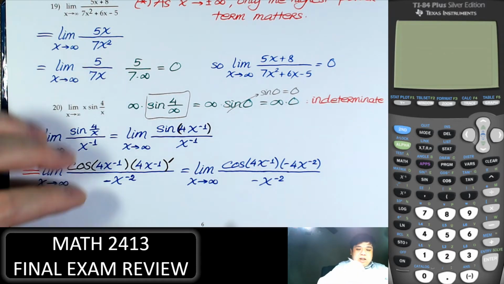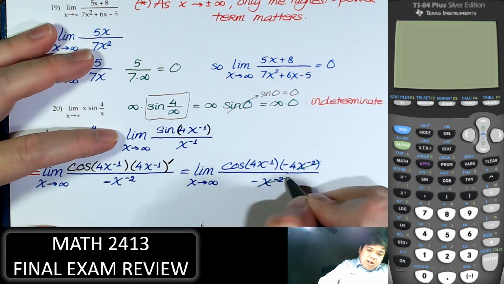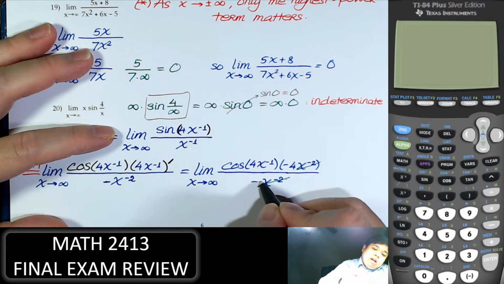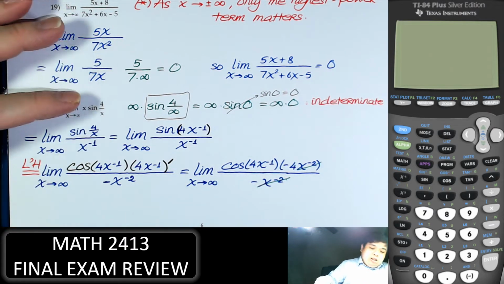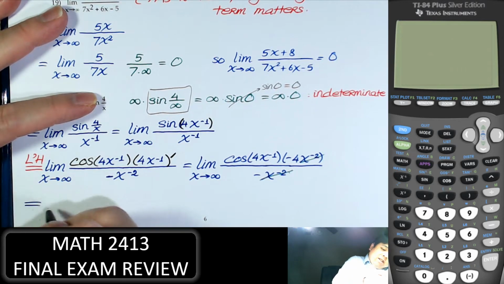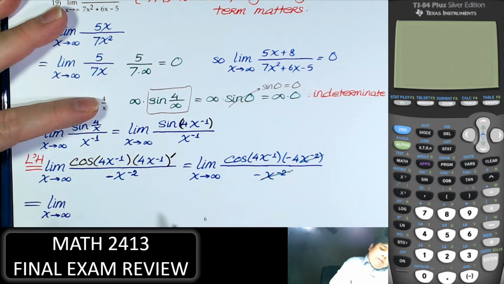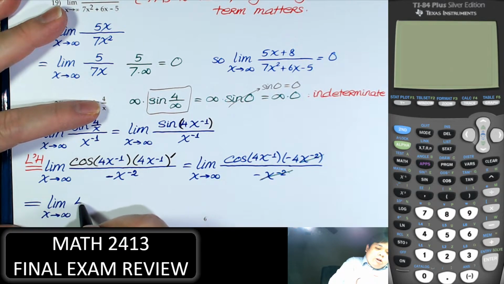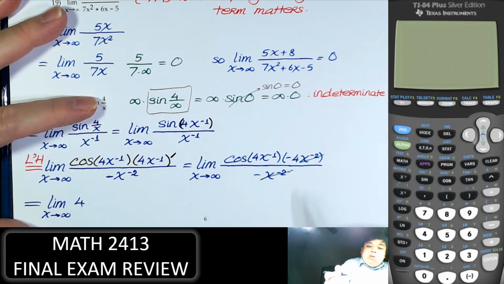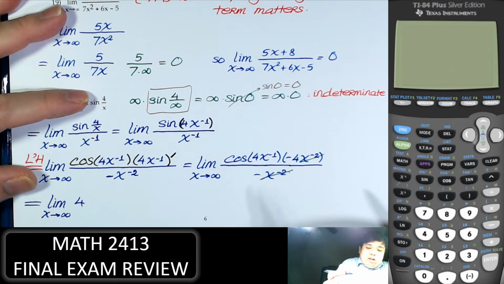Notice that we can cancel out the x to negative 2 and x to negative 2. Negative 4 divided by negative 1 is 4. So that gives us 4 times cosine.